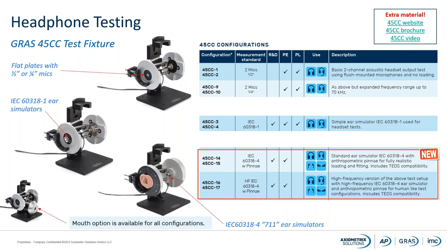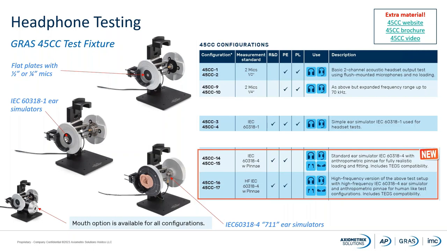You can also get the system, or the 45cc, with an IEC 6218-1 ear simulator mounted. The plates and the IEC 6218 ear simulator, these configurations can be used with on-ear and over-the-ear headphones.